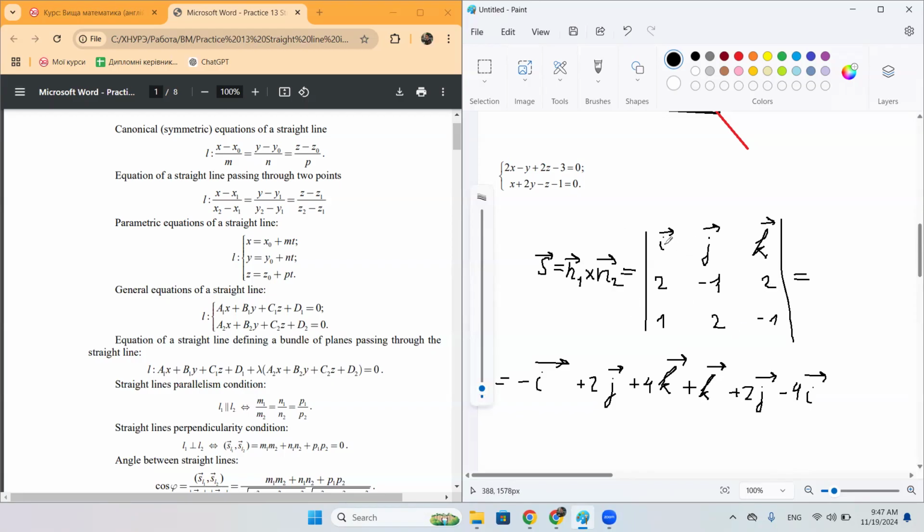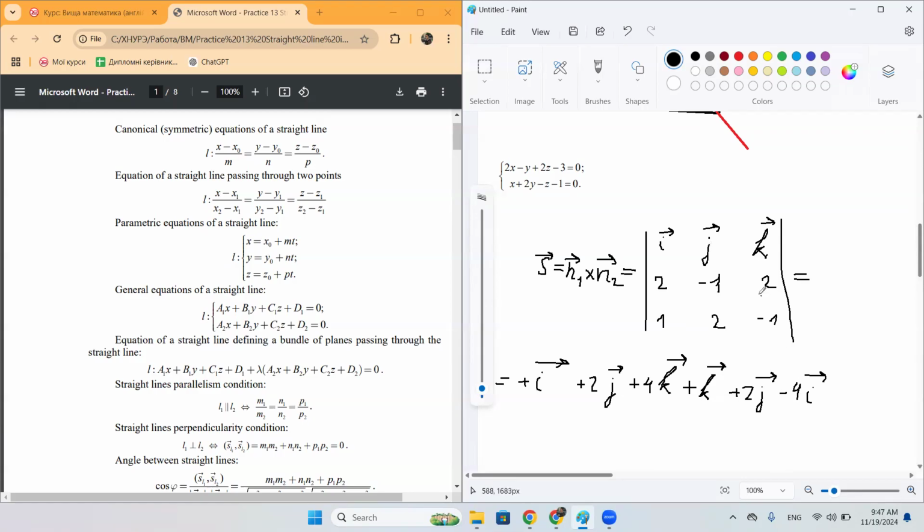Let's double check, because minus 1. So now the signs are correct. Then 2j plus 2j plus 4k, then plus k plus 2j.